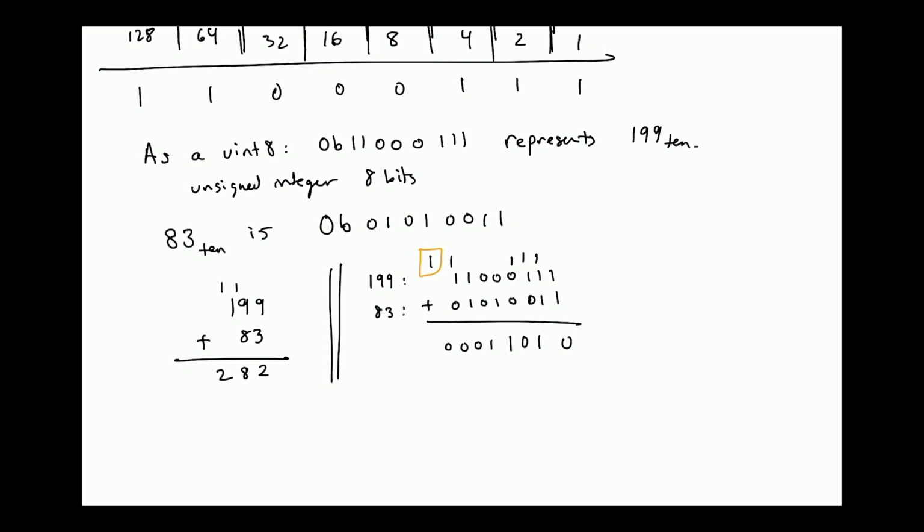In this case, 199 was a 3-digit number to start with, but if I give you two 2-digit numbers, it's perfectly possible that you add them and get a 3-digit answer, right? That just happens. And what happened here is we had two 8-bit numbers, and there was a carry in the final position that I've boxed in orange here.